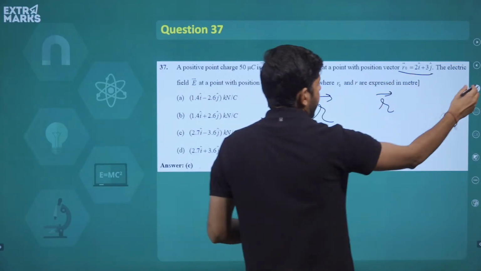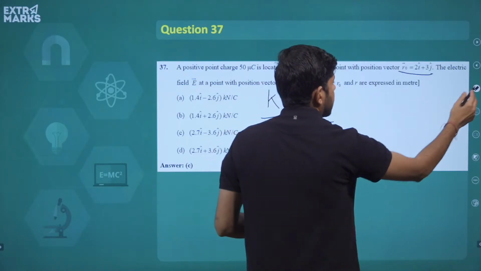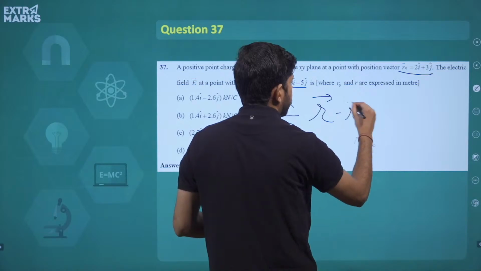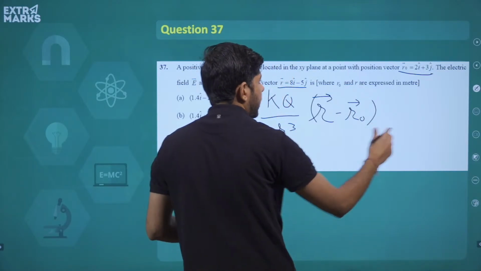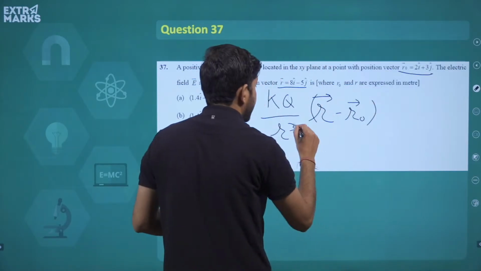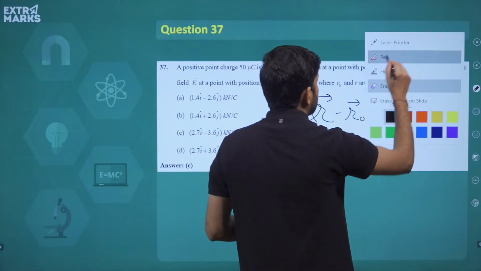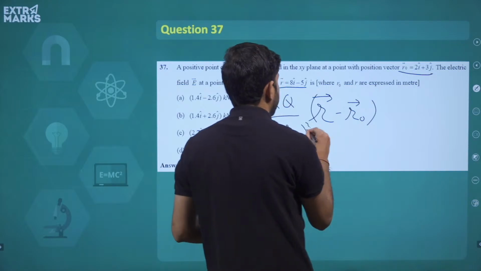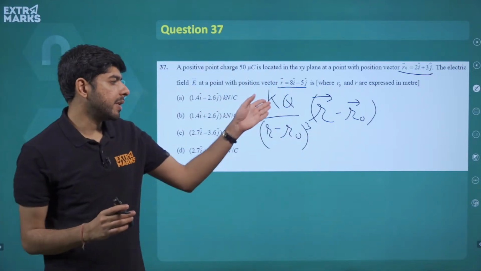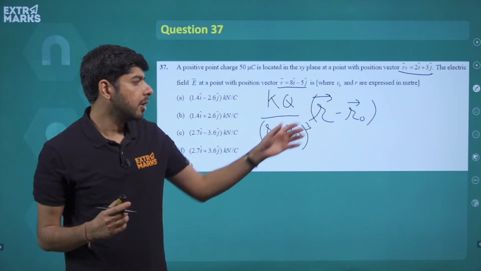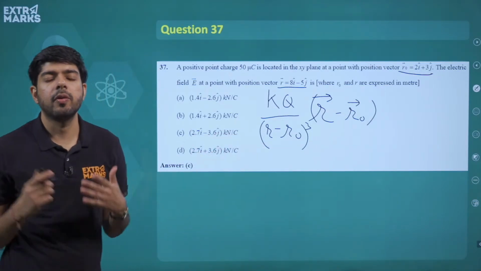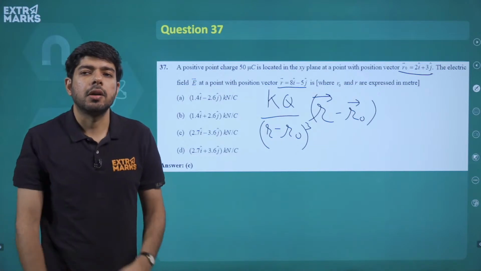So I should write it like this, R naught vector, because my charge particle is not at the origin. From the reference of my charge particle, we need to get the electric field. So that is my formula, KQ by R minus R naught, into, so this is the magnitude, the distance. I hope you know how to find the distance between two coordinate points.